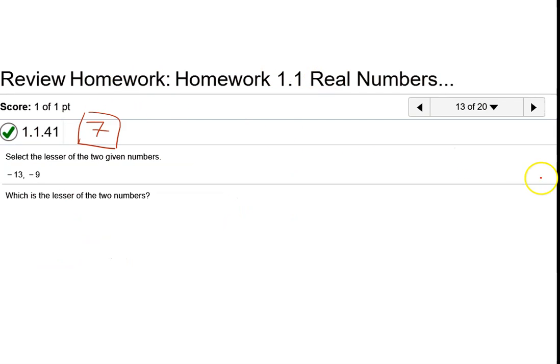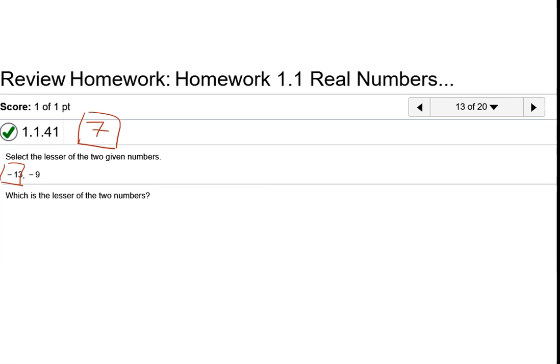This will be example 7. You write that in your notes, and the statement that you will write by it is, select the lesser of these two numbers. And the answer is a -13.